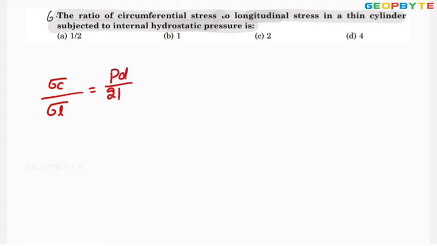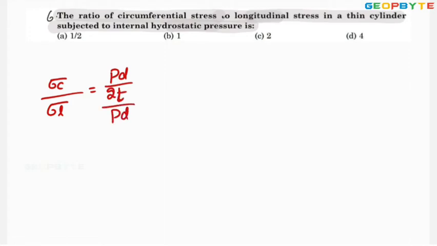Look at the sixth problem. The ratio of circumferential stress to the longitudinal stress in a thin cylinder subjected to internal hydrostatic pressure is. You are asked to find the circumferential stress by longitudinal stress. Circumferential stress equal to PD by 2T.